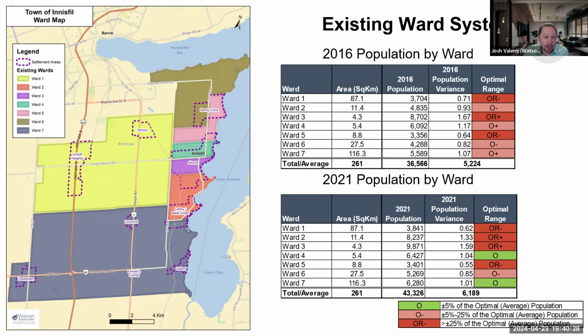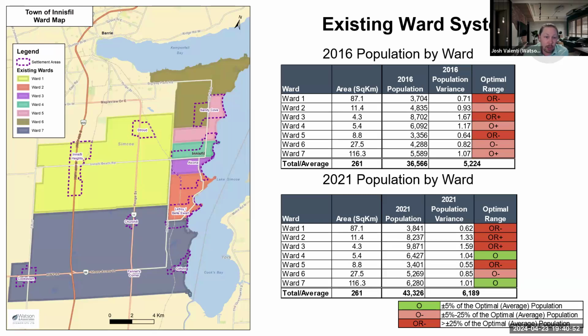So using that as our optimal population for each of these wards, we've identified the variance away from that, being within 5% being those green highlighted blocks, between 5 and 25% being the light pink blocks, and the ones that are outside of that 25% range, we can see as those darker red over or under blocks on the far right-hand column.